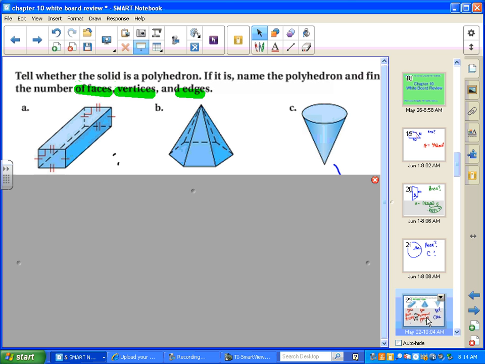So I'll say that again. Yes or no, whether it's a polyhedron. If it's yes, name it, and then list the faces, vertices, edges. Yes, Annalise? I was nodding my head for. Okay, so I don't want to see it until A, B, and C are done.